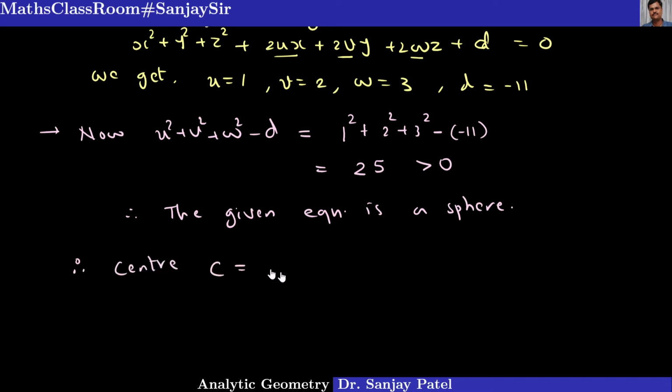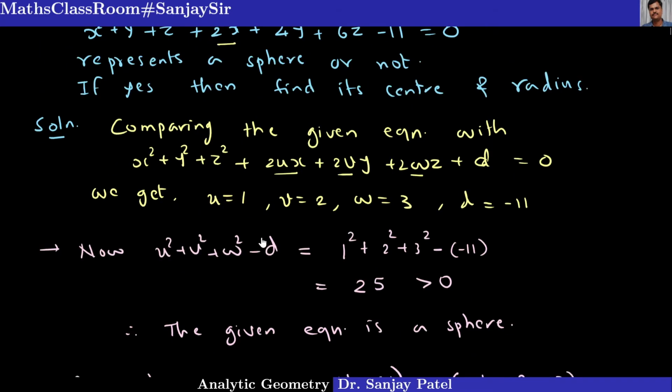Okay. In this case, the center of the sphere is C equal to minus u, minus v and minus w. What are u, v, w? They are 1, 2 and 3. So the coordinates of the center will be minus 1, minus 2 and minus 3. So from the given equation also you can directly find the center.